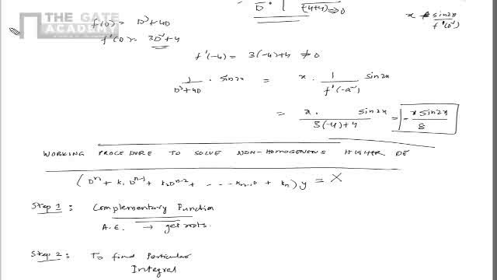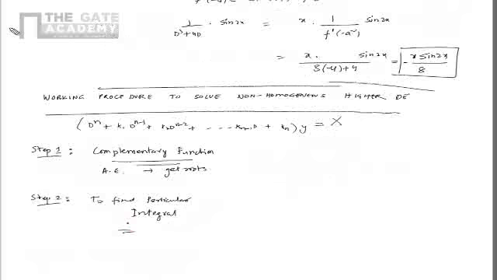Till now we have seen only the inverse differential operator method. We have laid out rules for capital X. If capital X is e power ax, or sin ax plus b, or cos ax plus b, or x power m, or the general partial fraction method. So all that we have laid down as rules. So this is the general step. Once you find the complementary function and then the particular integral, the complete solution is basically the complementary function plus the particular integral.